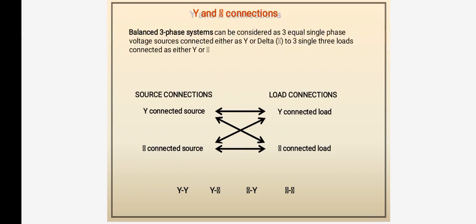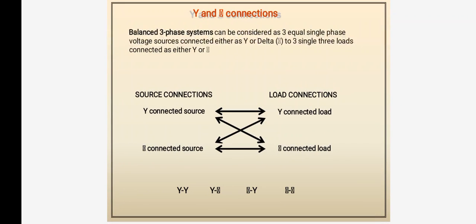So there are four combinations of any electrical system: star to star connection, star to delta connection, delta to star connection, or delta to delta connection. You can see there is a star source with a star connected load, a star source with a delta connected load, a delta connected source with a star connected load, or a delta connected source with a delta connected load.